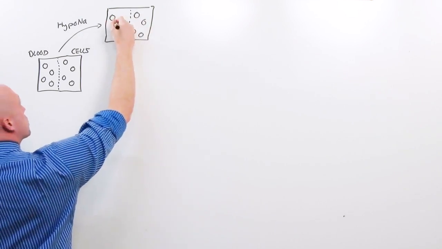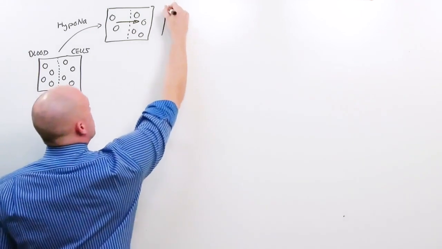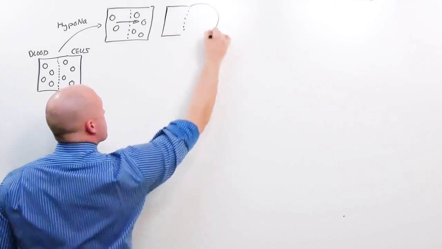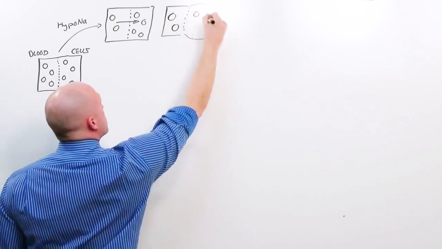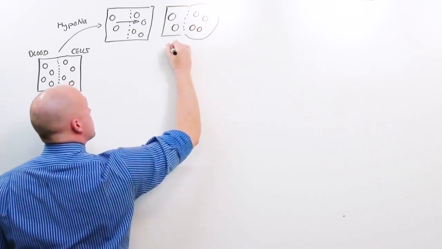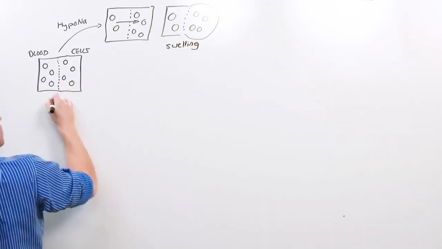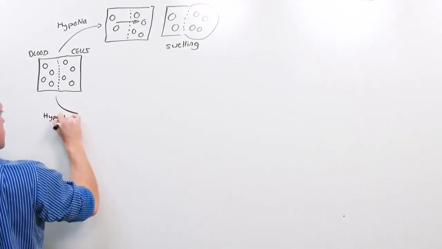So in this case, water is going to flow into the cells. This causes swelling, in an attempt to balance out the tonicity. Swelling is bad.